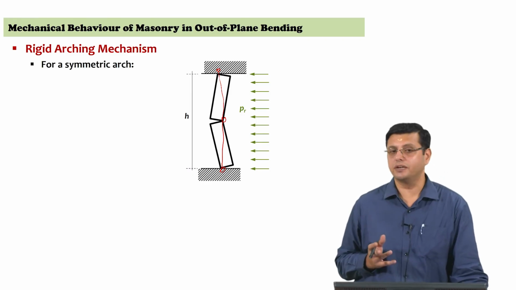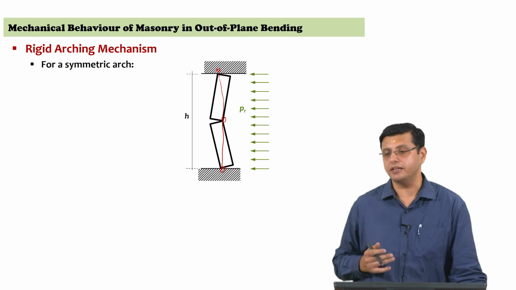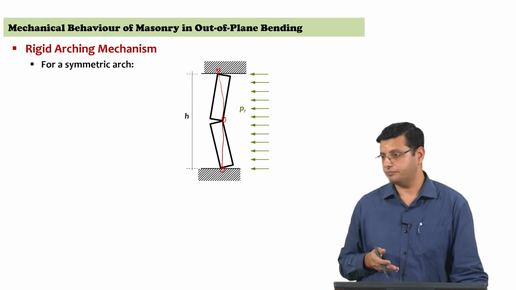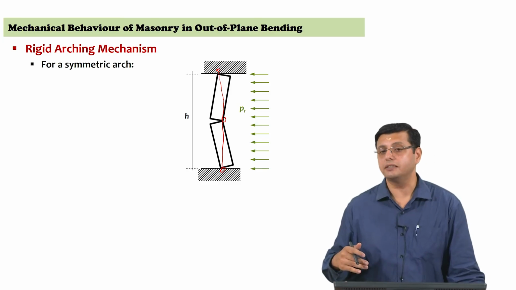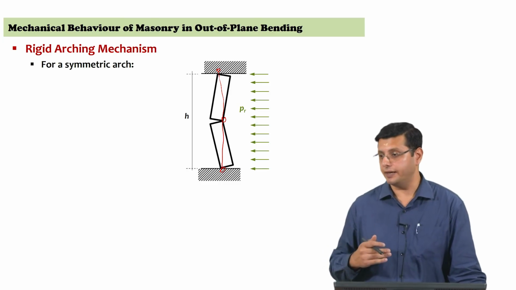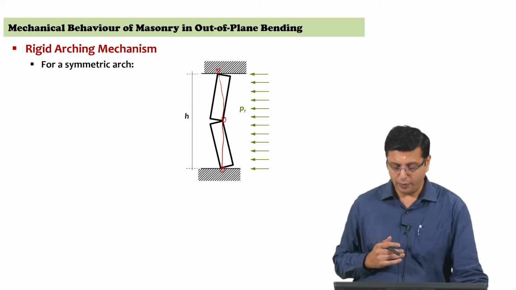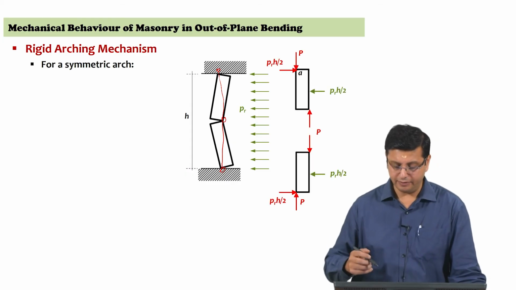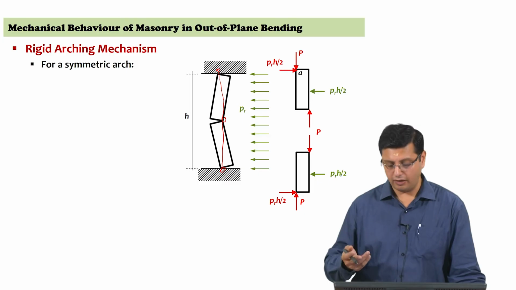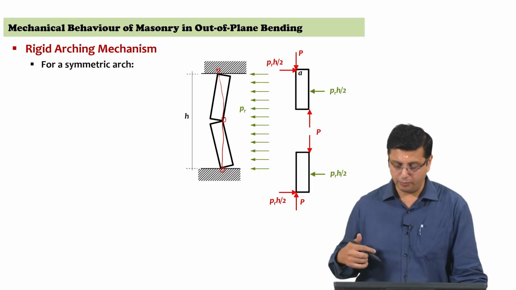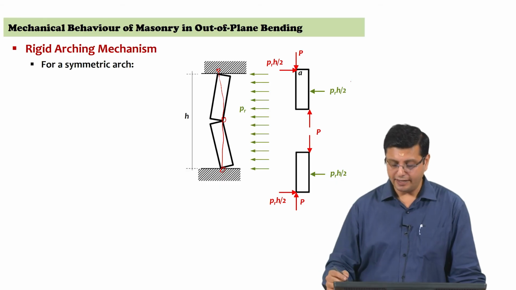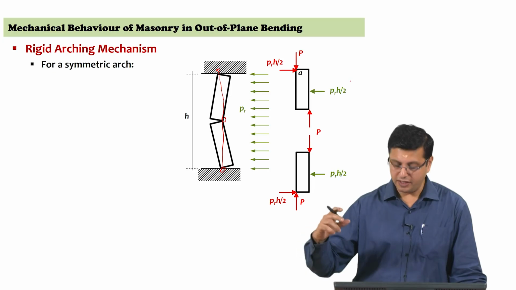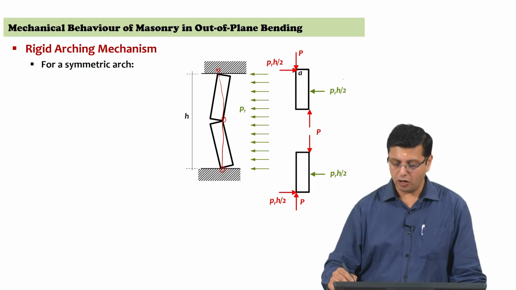So, in the case of rigid arching mechanism, owing to the geometry, what you get is a symmetric arch. You would get a symmetric arch, also with the assumption that the crack is occurring at mid height, right. So, if you were to examine the free body diagram of the rigid block above the mid height crack and rigid block below the mid height crack, you have the resultant of the lateral force acting at the mid height of the top block and mid height of the bottom block.